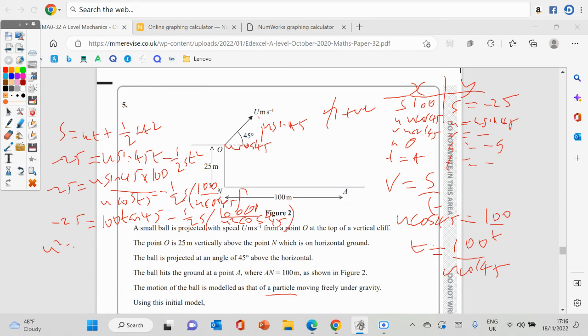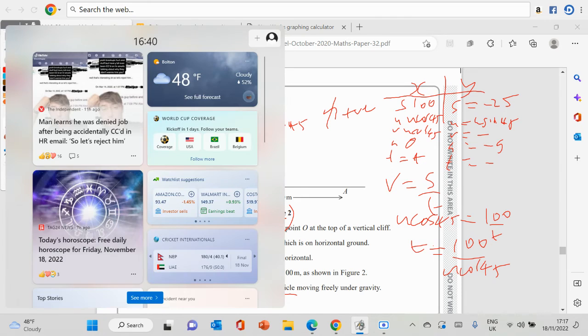So u squared is minus half g of 10,000 over cos squared 45, all over minus 25 minus 100 tan 45.